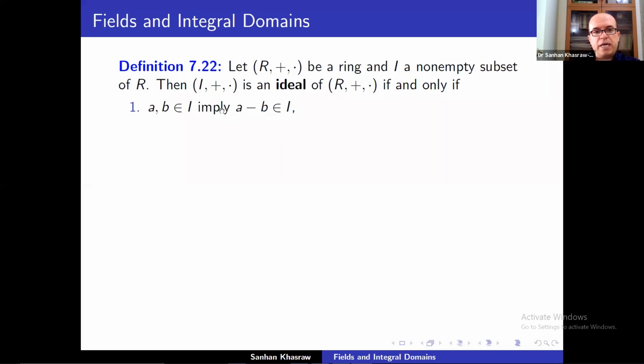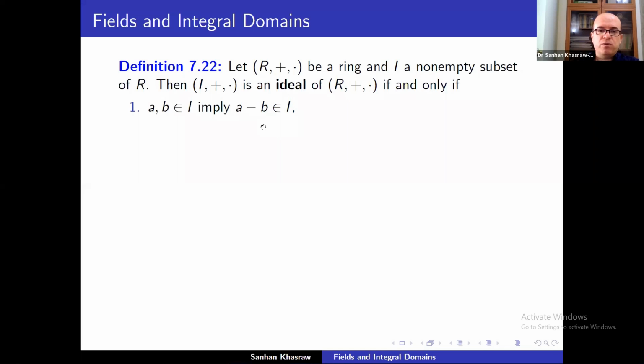If I pick any two elements in I, then their subtraction should belong to I. This is the first condition. This is actually the condition of the subgroup, because we do have R with plus is a group.